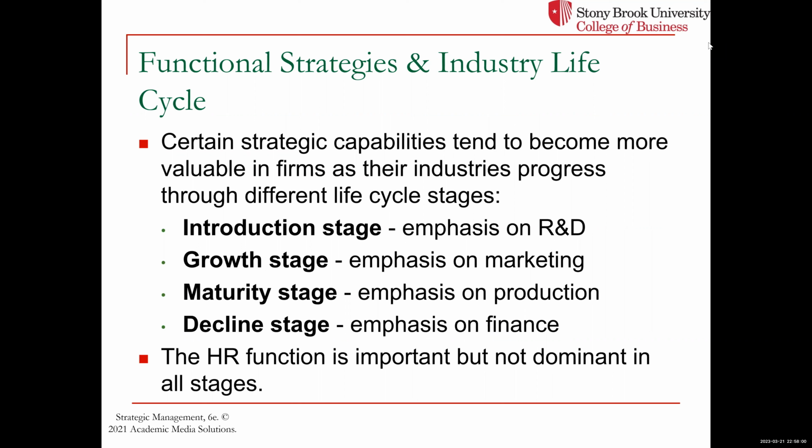At the maturity stage, that's when firms really emphasize the importance of production. Specifically looking at process innovation by figuring out areas to cut costs, firms at the maturity stage will be able to better capture a larger amount of profit by streamlining their production strategies.